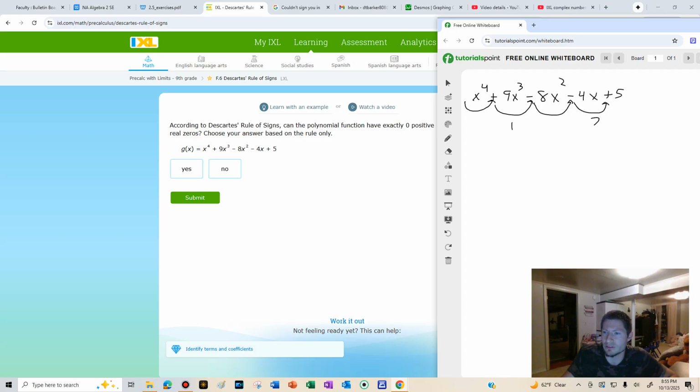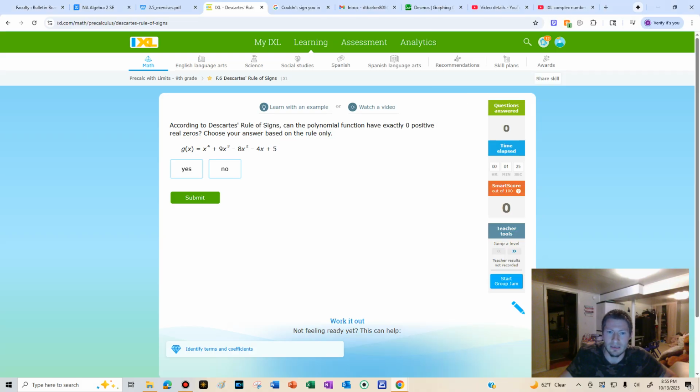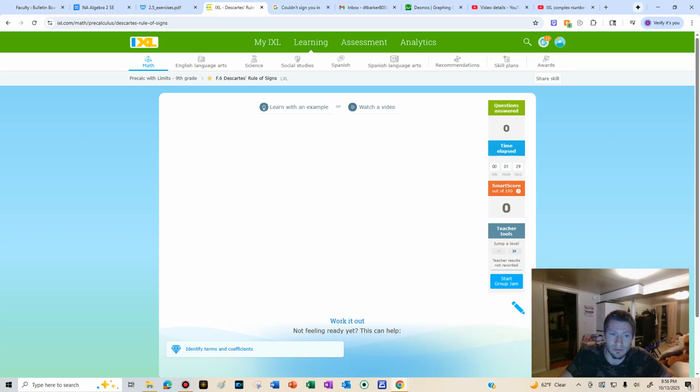Negative to a positive, that's two sign changes. So since there's two sign changes, that tells me that there could be two possible real zeros or this number minus 2. So there could be 2 or 0 real positive solutions. Is it possible to have 0 positive? Yes, 2 minus 2.